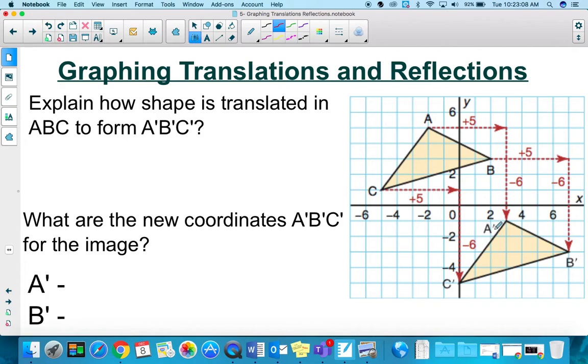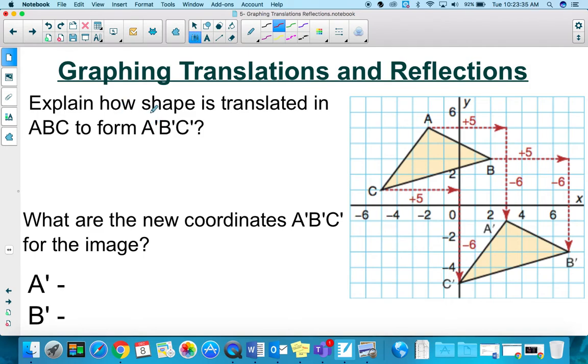But you'll notice that the coordinates for the image have this little tick mark at the top there, and that's going to show us that those are the changed coordinates, and the name for it is prime. So each of those coordinates is now A prime, B prime, and C prime. Okay, so it's just the way of us designating and keeping organized with the different coordinates on that grid.